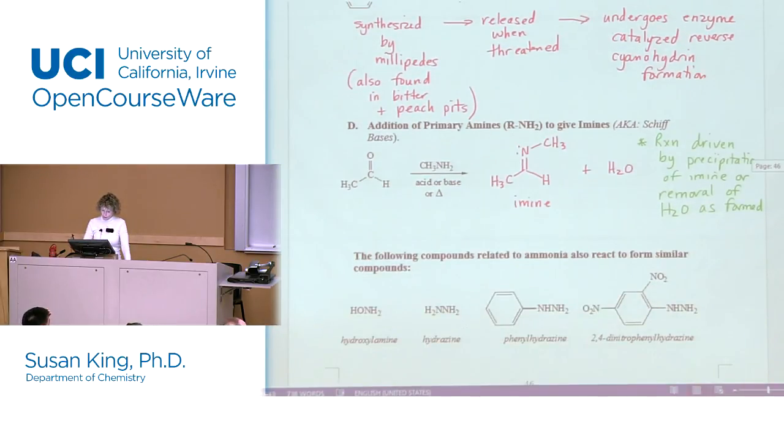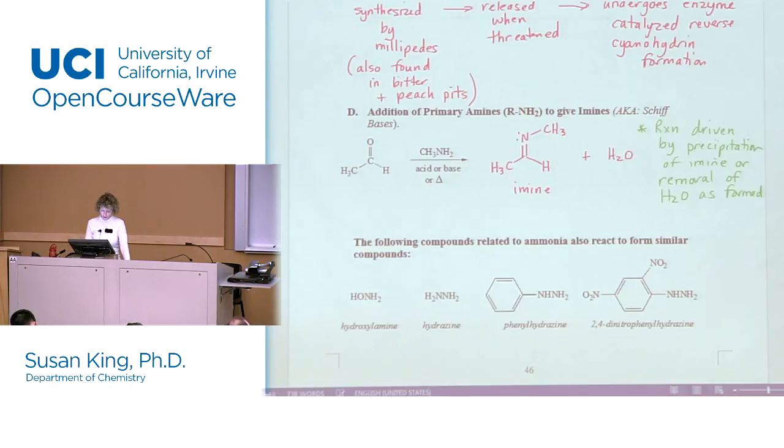Compounds related to ammonia also react to form similar compounds. So if you use a hydroxylamine, it forms something called an oxime. You don't need to know these names, but you may run across these. If you use hydrazine, it forms a hydrazone.